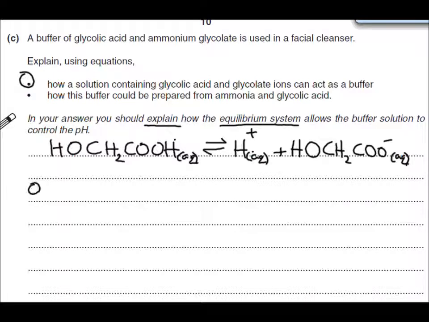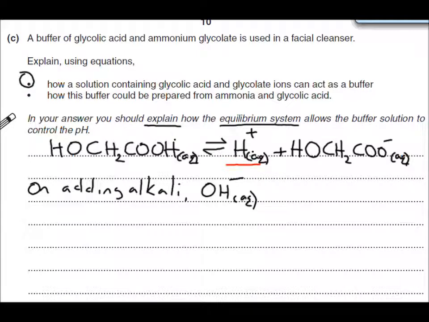So on adding an alkali, all alkalis will generate OH minus ions in solution. Those ions will react with the H plus ions that are already present from the dissociation of the weak acid.